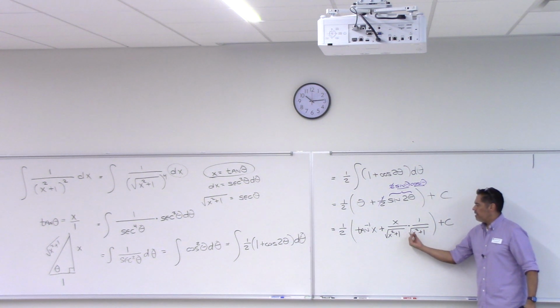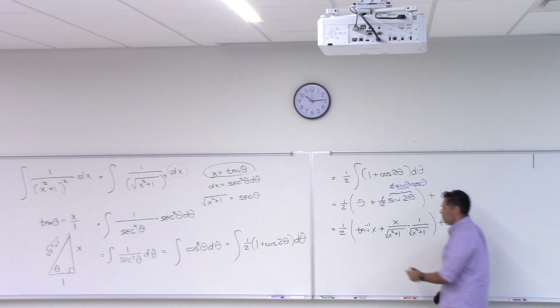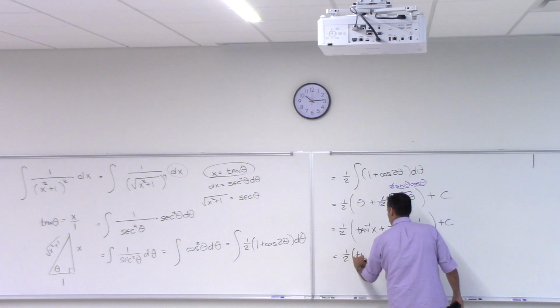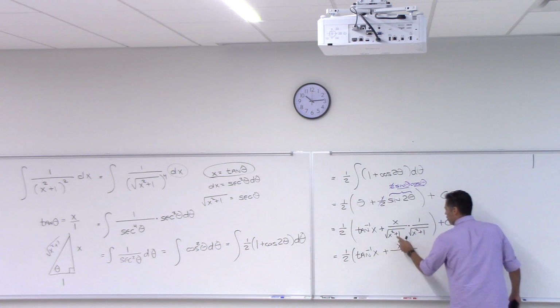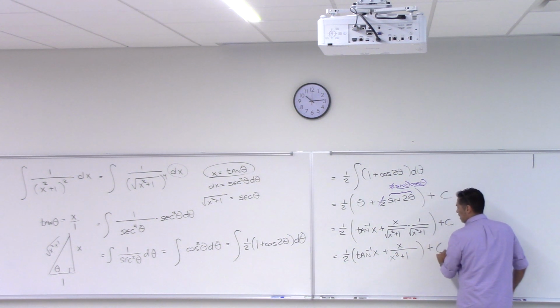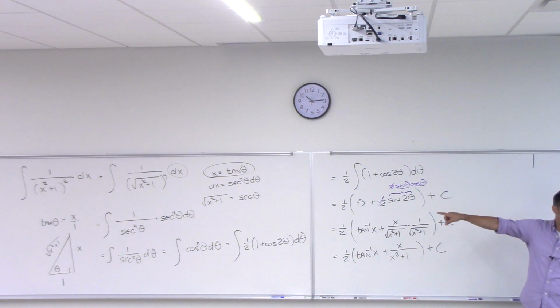I can put these two together, right? Okay. So 1/2 tangent inverse x plus x over, multiplying the bottom together, you get x squared plus 1, all that plus C. Okay, don't forget, we already had another part, didn't we?